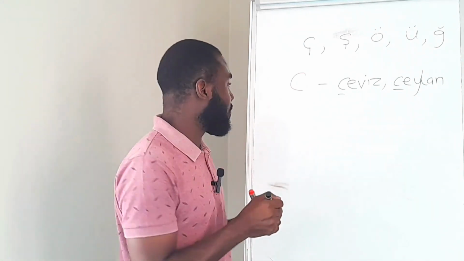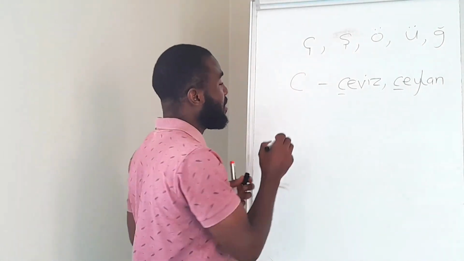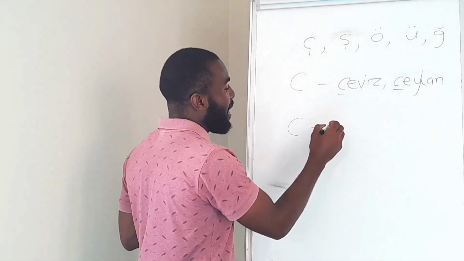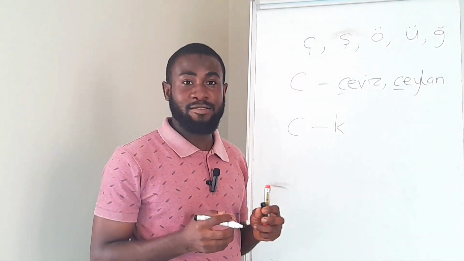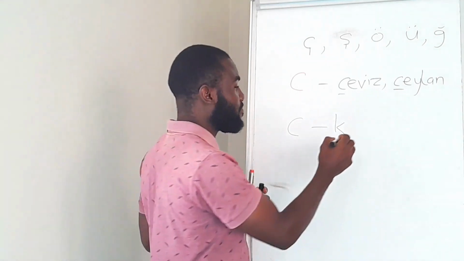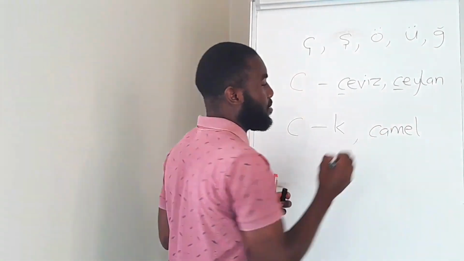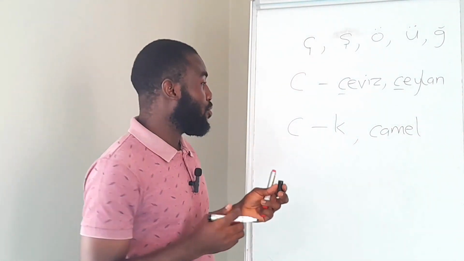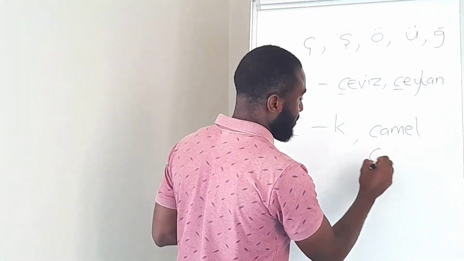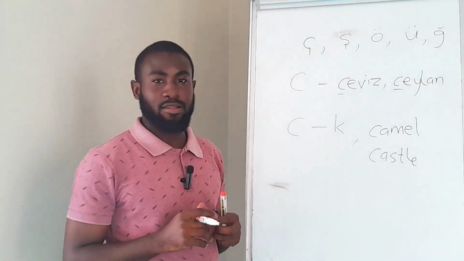For instance, the letter C in English can be pronounced as K, as in camel and castle.